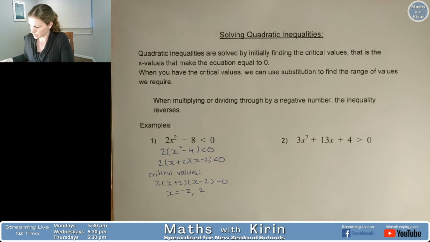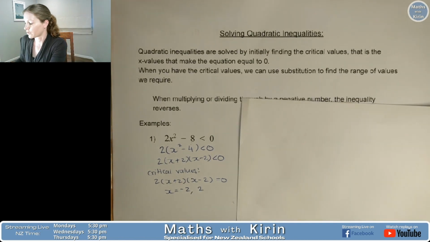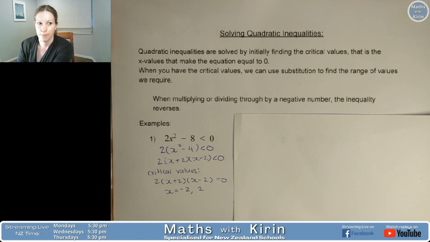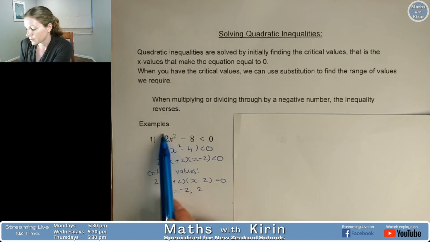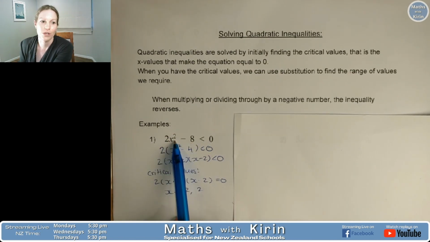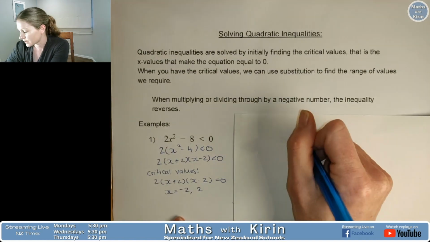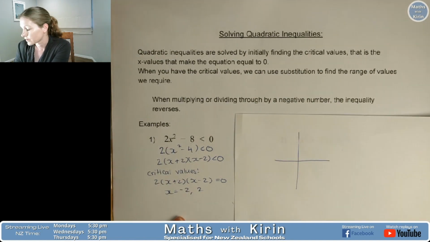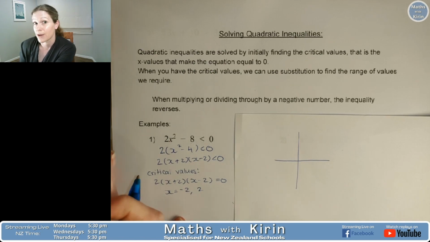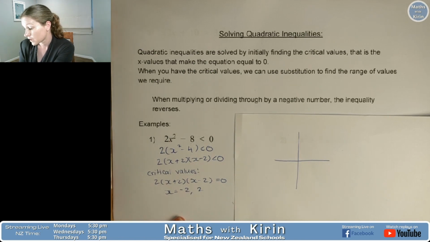So if we take a side note for a moment and I show you what's happening. This is obviously a quadratic equation, the highest power is 2. When you graph that, it creates a parabola. You should have seen parabolas last year, even if you haven't done tables, equations, and graphs yet, so they shouldn't be completely unfamiliar to you.